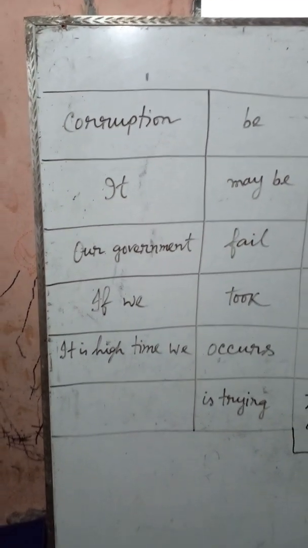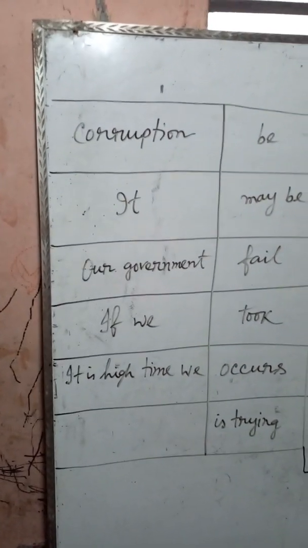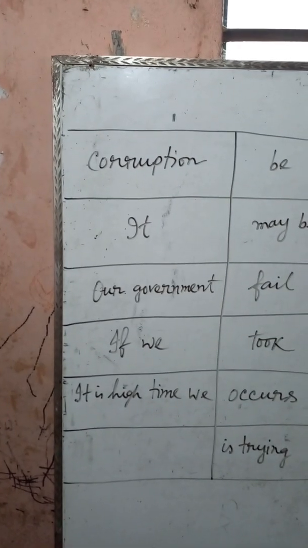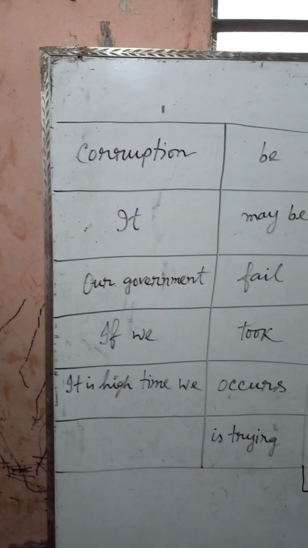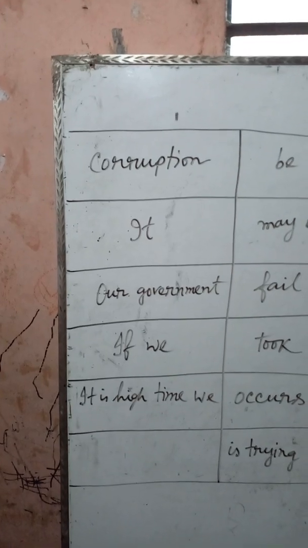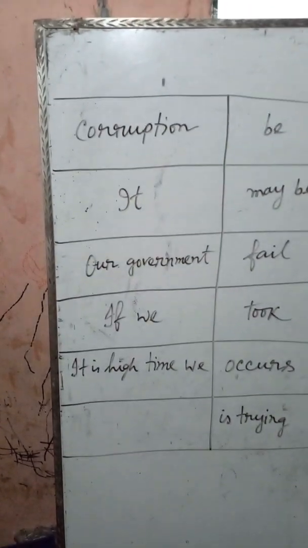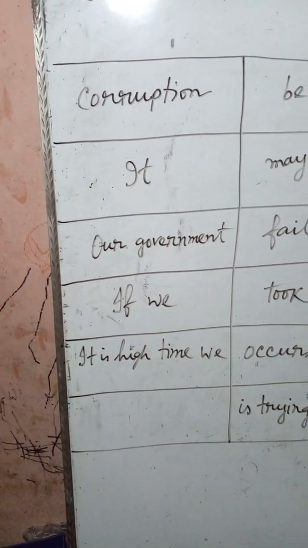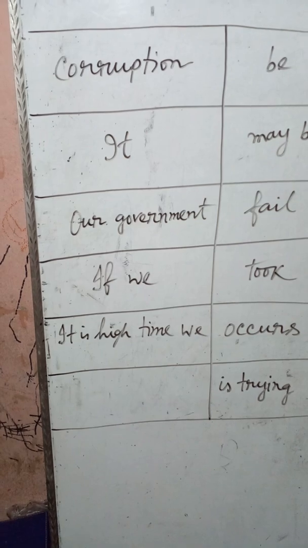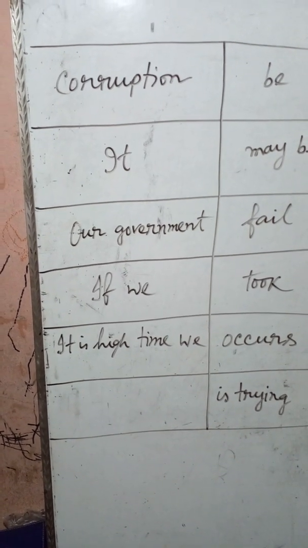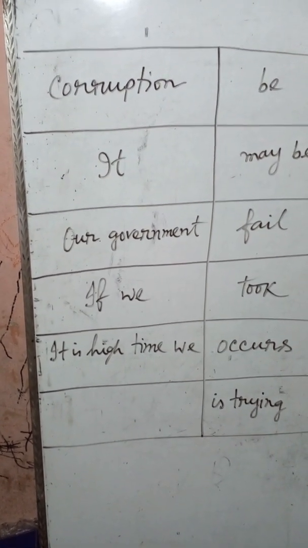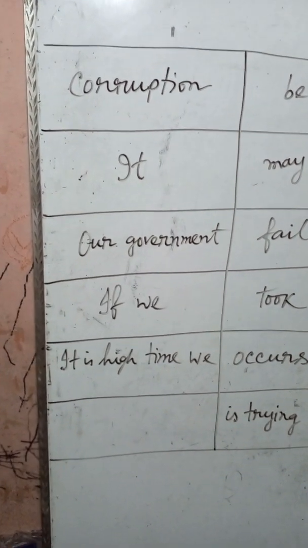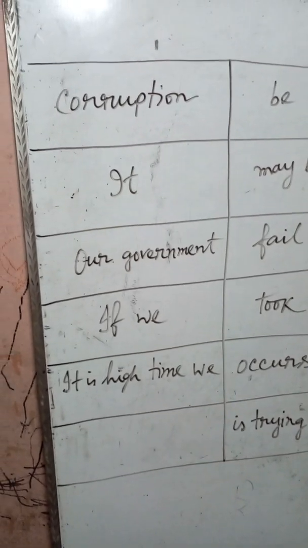I repeat, the subjects given in the table: corruption, it, our government, if we, and the last one is it is high time we. Have you written it? I think so.